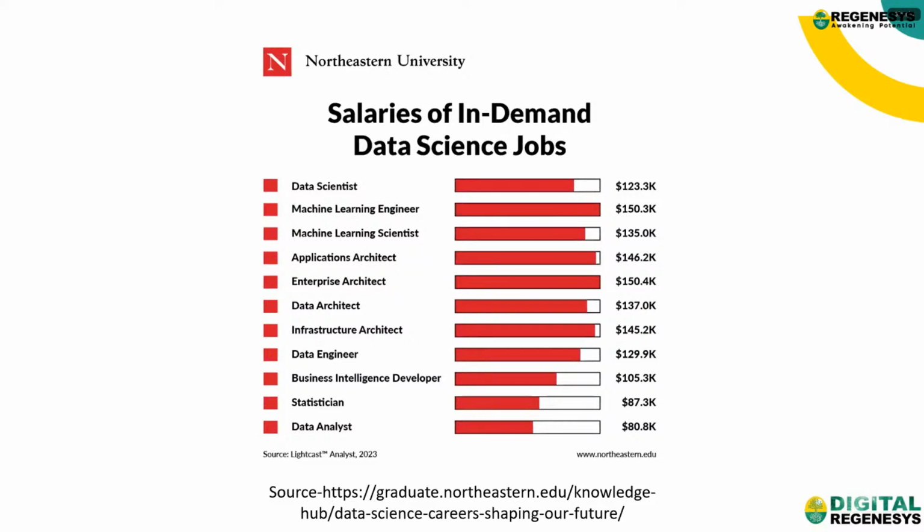These are the various job roles available under data science, such as data scientist, ML engineer, ML scientist. Then you have business intelligence developer, data analyst. So all are different job roles under the data science field.